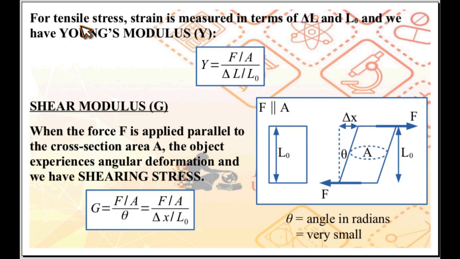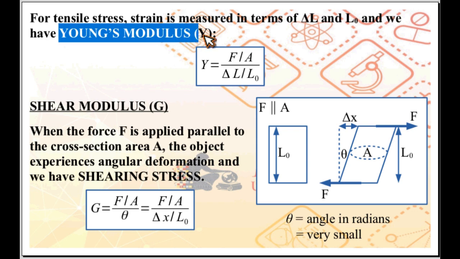For tensile stress, strain is measured in terms of delta L and L naught, such that the equation for Young's modulus, capital Y, is equal to stress over strain. Stress is F over A, and strain is delta L over L naught, a quantity that does not have any unit.